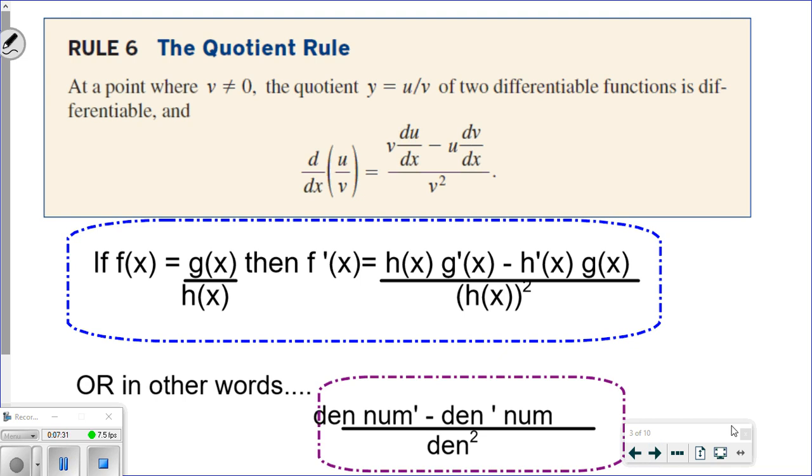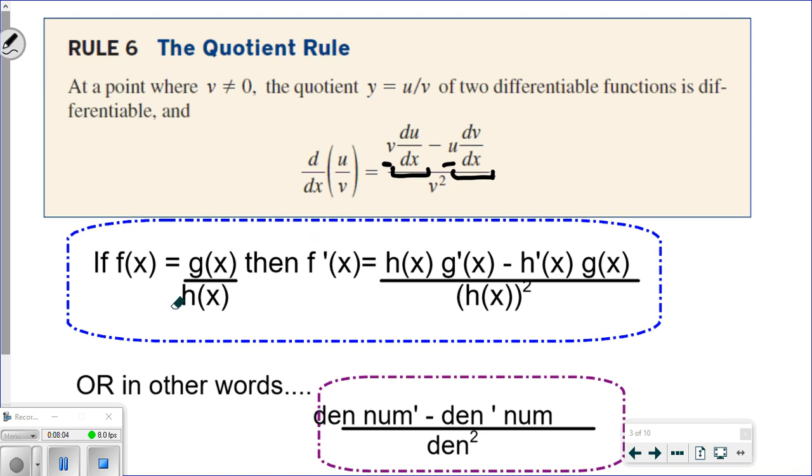So then we also have the quotient rule, and the quotient rule is for when we divide fractions. We did this last week, kind of. We only had a constant on the bottom, or one value of x on the bottom. So the quotient rule says if we divide two functions, we're going to take the bottom, keep it the same, find the derivative of the top, minus, keep the top the same, find the derivative of the bottom, draw a line, and then square the bottom.